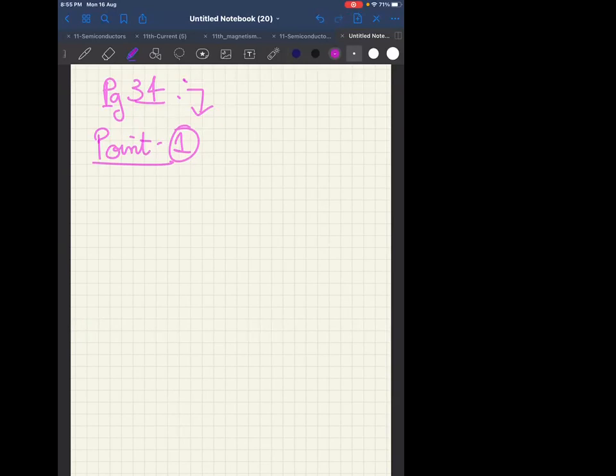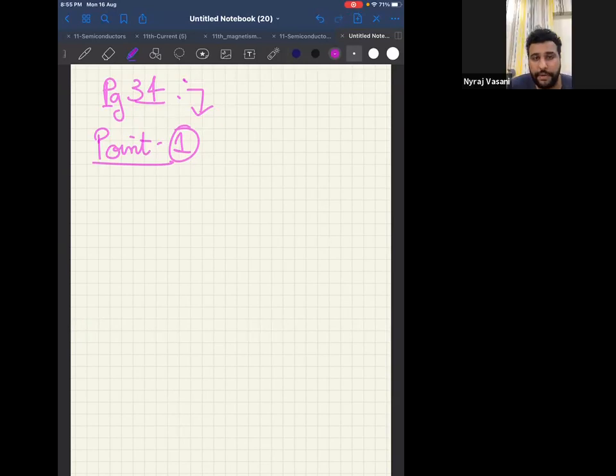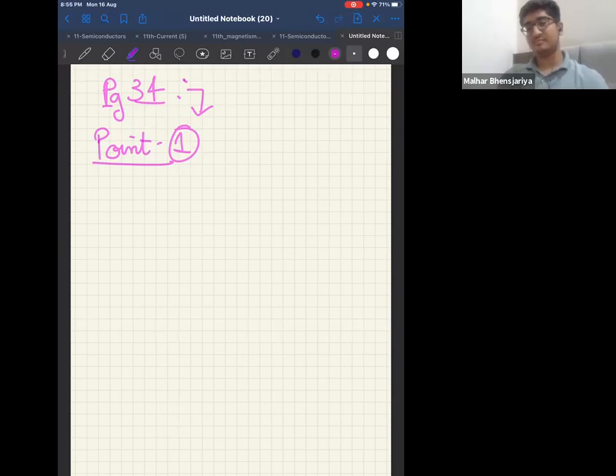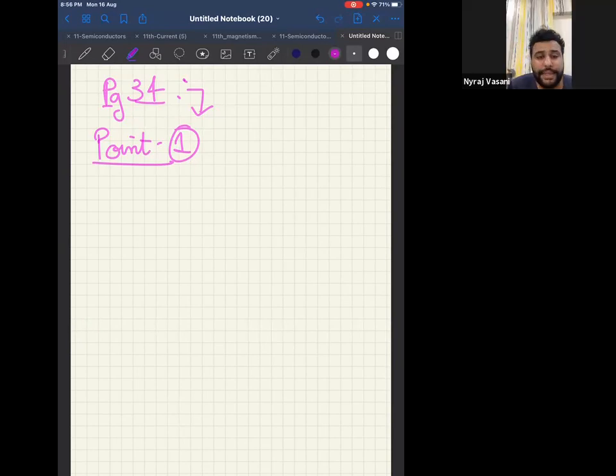Okay. Next chapter that we are going to start, I'll start in the next class, and that chapter will be current electricity 1. Everyone has the module of current electricity 1. My request to all of you, or my homework for all of you, in fact, is 11th standard current electricity, please revise that we have done together. 11th standard current electricity, what we have done: resistors in series, resistors in parallel, color code of resistance, cells in series, cells in parallel, resistivity formula, EMF of a cell, temperature coefficient of resistance.